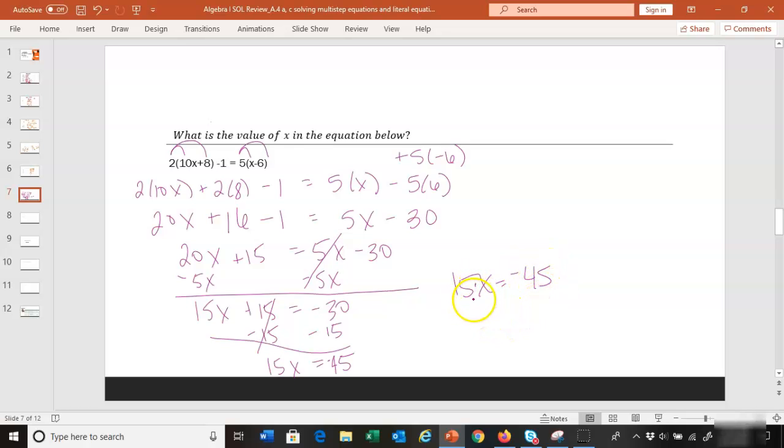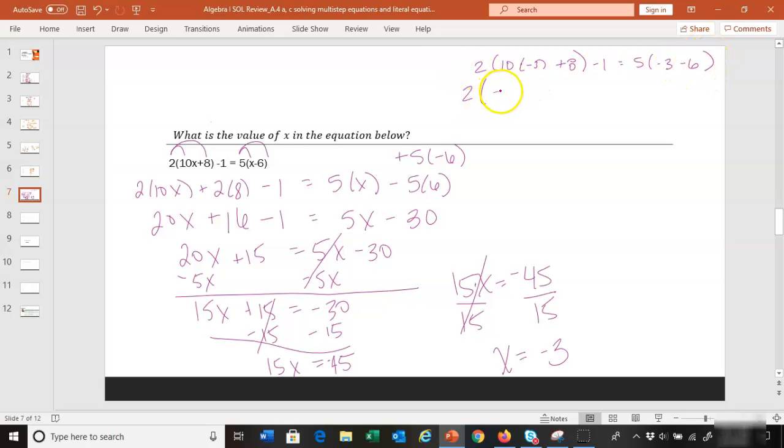So let me come over here. And this is multiplication, so remember the inverse of that is division. x equals -3. So let's just check our work. Let's plug in -3 everywhere we saw an x. This is also really good practice for order of operations and simplifying.